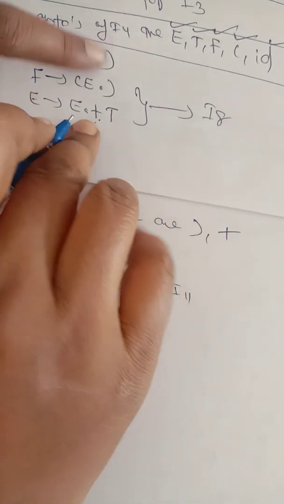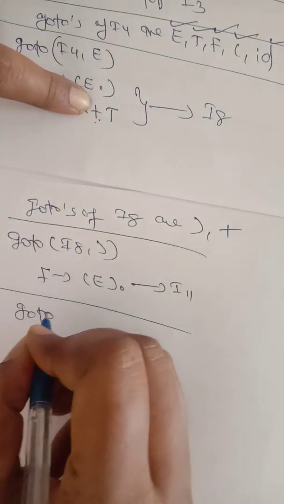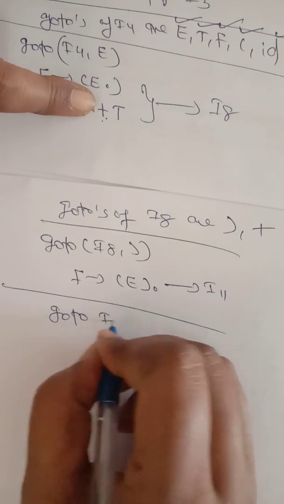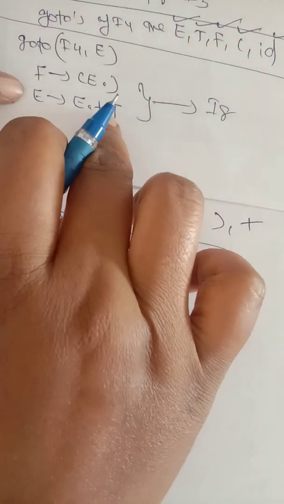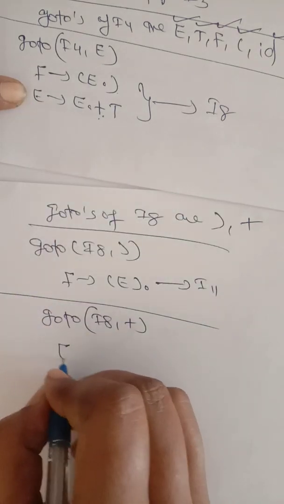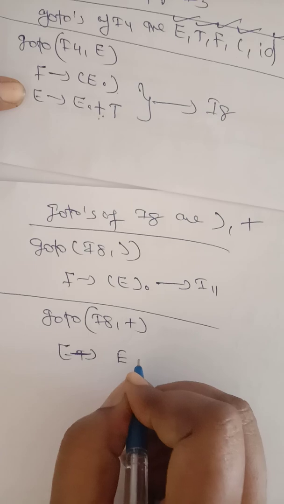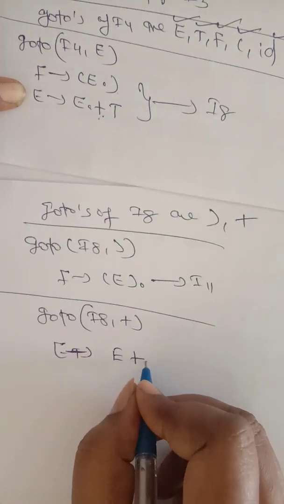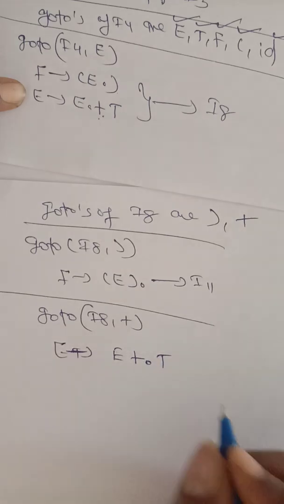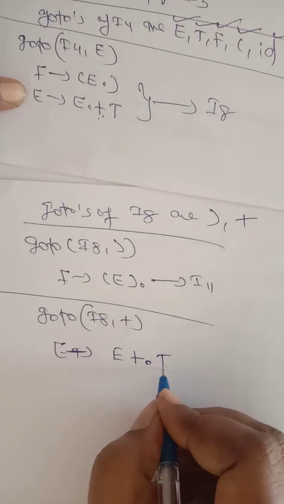Then come to the second one, go to of I8 comma plus. Consider this: E → E + dot T. The dot is moving to the right side. After dot we are having T, so copy that T productions from I0.